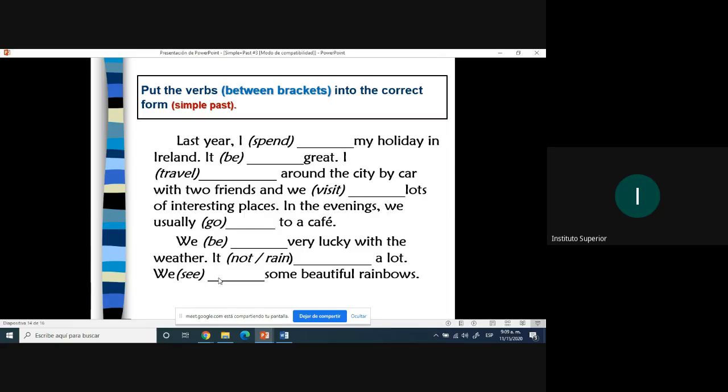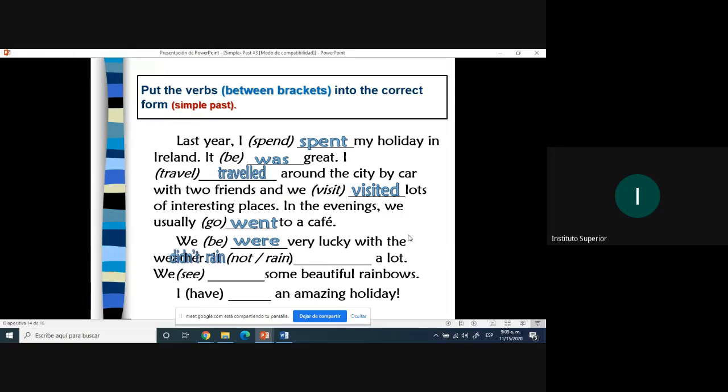We saw some beautiful rainbows. I had an amazing holiday. Okay, so pretty good.